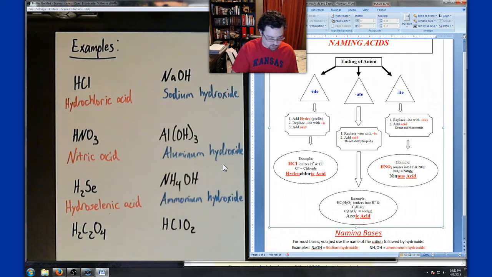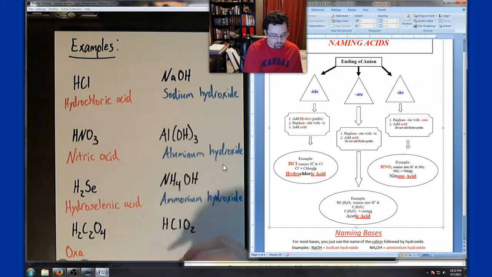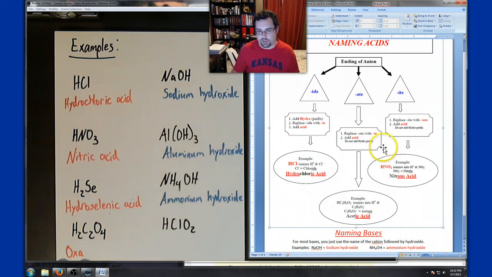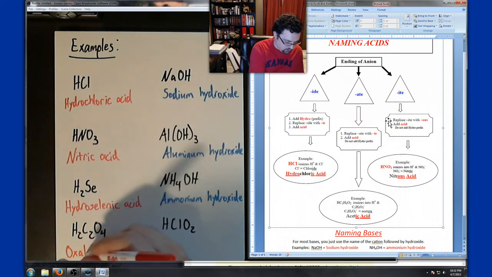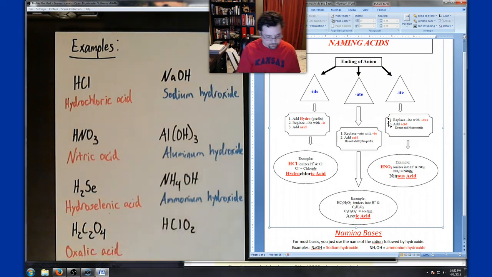Alright, H2C2O4, that's going to break up into H plus and C2O4 minus 2. C2O4 minus 2 is a polyatomic ion called oxalate. So "ate", based on the flowchart, becomes "ic". So oxalic acid.